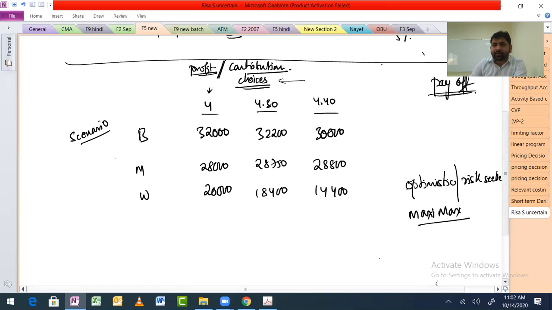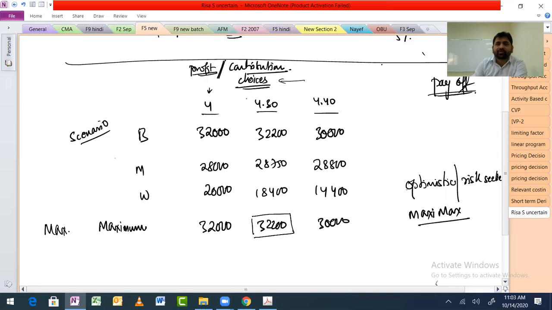In this method, what we do is first we find the maximum. Here the maximum is 32,200, and here the maximum is 30,000, right? And then they maximize the maximum, so find the maximum of the maximums, which is this. So hence you are choosing 4.3.